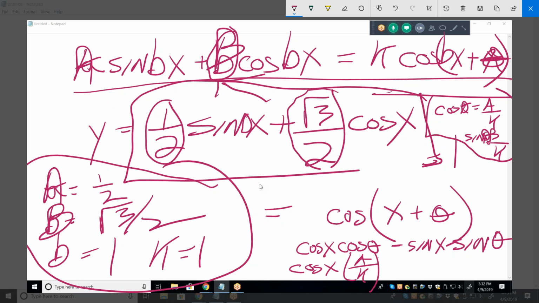Those are only for finding theta. So cosine of x times a over k. That's right. Okay, minus sine of x. And what's the sine of theta? B over k.